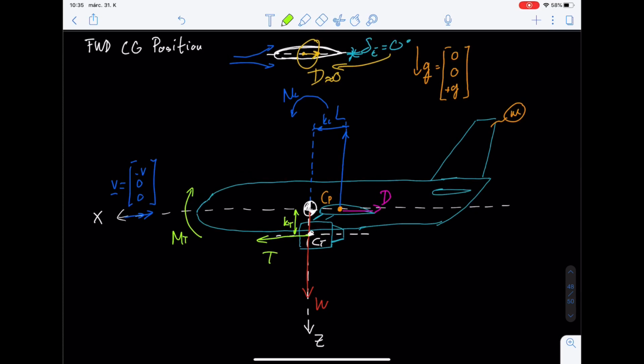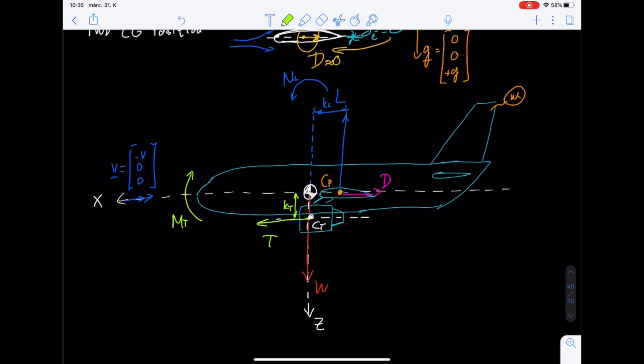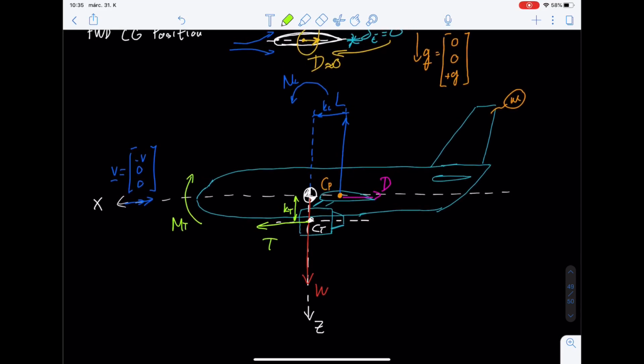So in that case, you will have to deflect the elevator to regain control of the aircraft, to bring the sum of the moments back to zero.